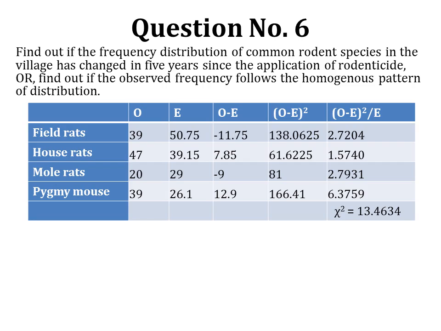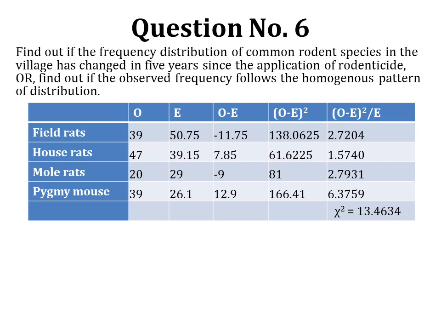And then the next answer is 2.7931, in which 81, which is the square of difference between the observed and expected frequencies of mole rats, is divided by 29. And then we have 6.3759, which is obtained after dividing 166.41 by 26.1, and these are the values for the pygmy mouse.